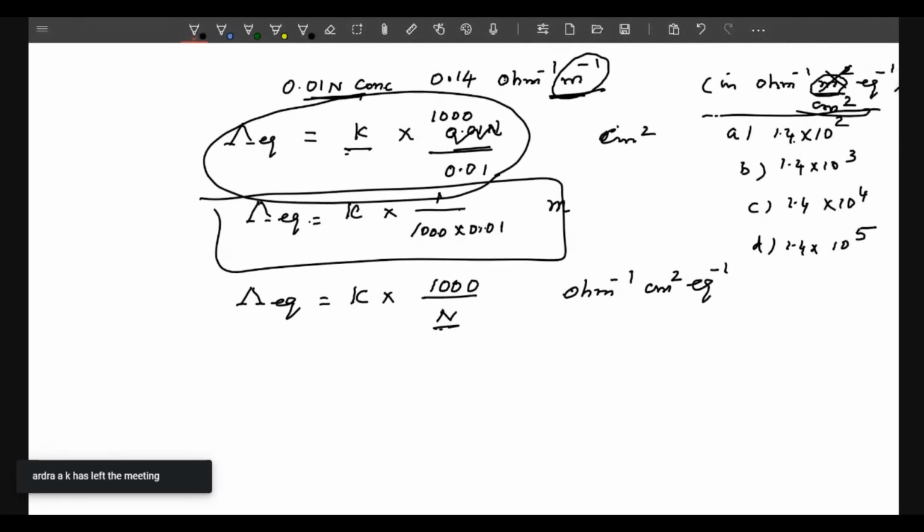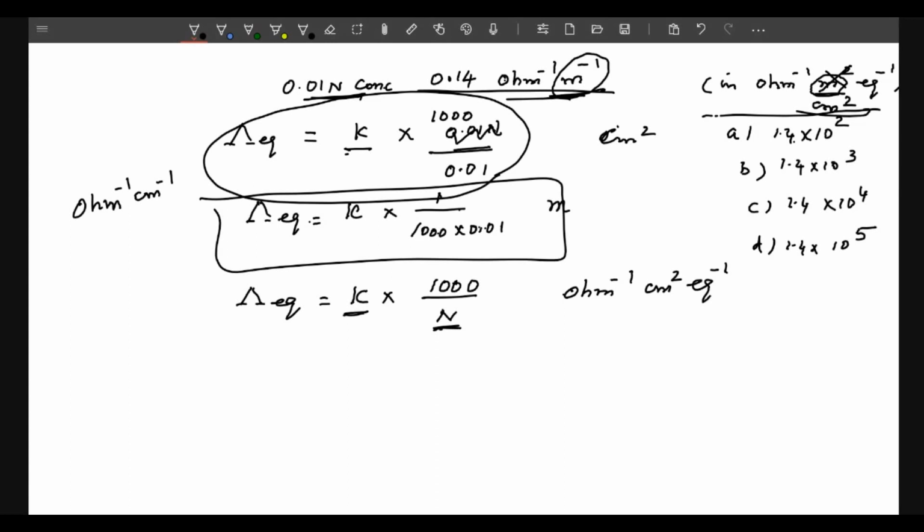Here N should be given in terms of normality. Kappa, the specific conductance, should be in per ohm centimeter. But what is given? 0.14 per ohm per meter, which you should convert into centimeter.